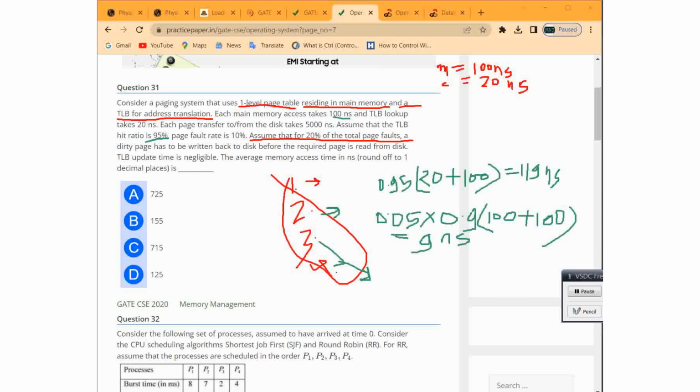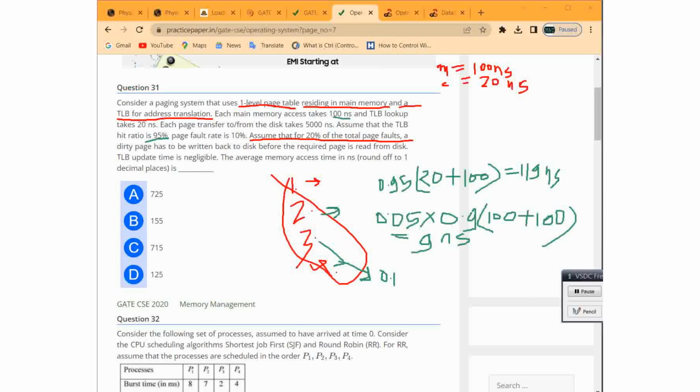Since 10% of the page accesses result in a page fault, the page fault rate is 0.1. Among the page faults, 20% of the time it will be a dirty page, which has to be written back to the disk before the required page is read from the disk.